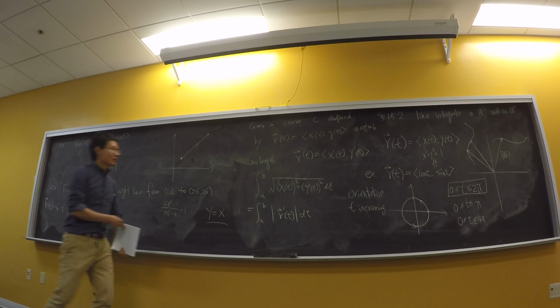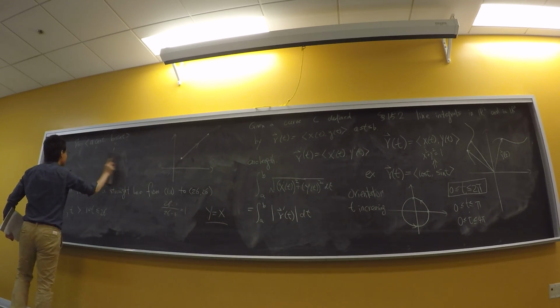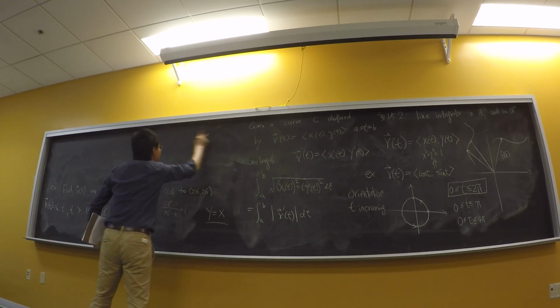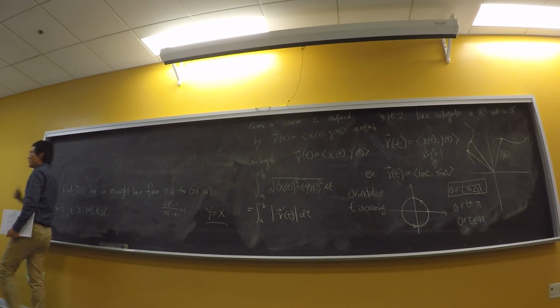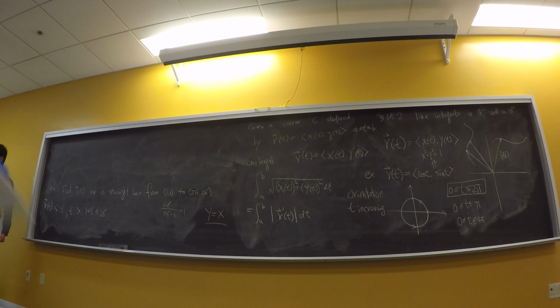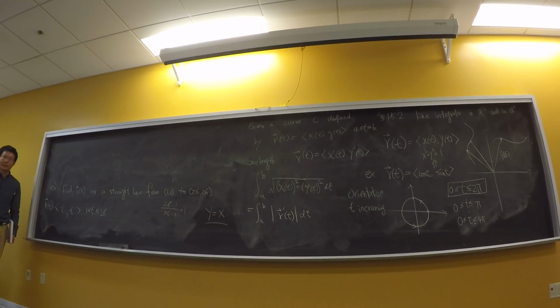So one thing I want to immediately do is find the application here. In this class, by using calculus, we have accomplished the following. We were able to compute the area of a disk. We're able to compute the volume of a ball.